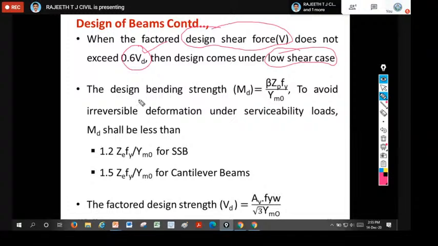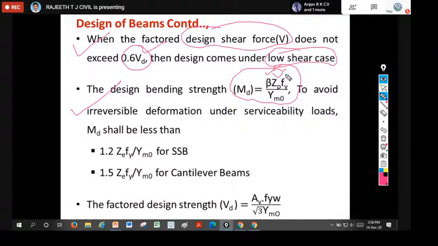Then, if you go for bending moment strength, this is the formula: MD, the design moment, equal to design bending strength equal to beta ZP Fy by gamma m naught, where beta is the ratio of ZP to ZE for semi-compact and compact sections, whereas beta equals 1 for plastic sections.